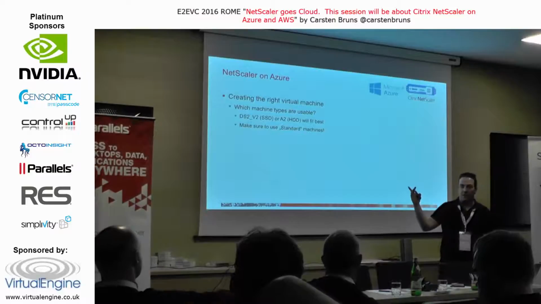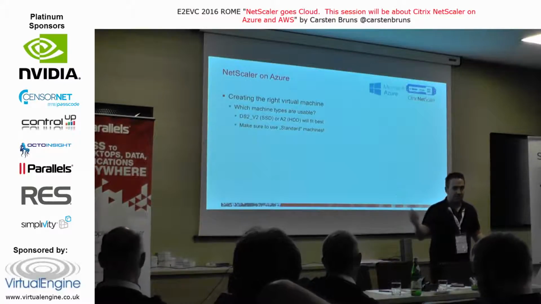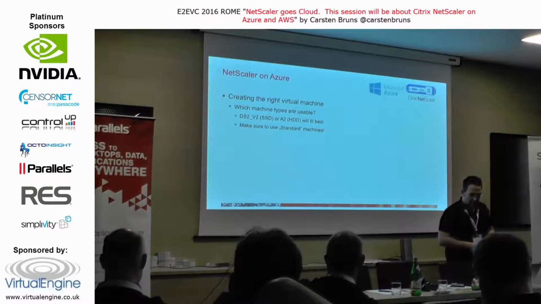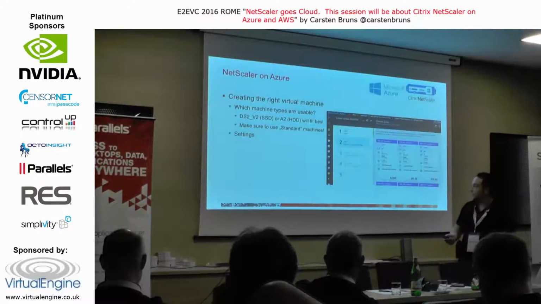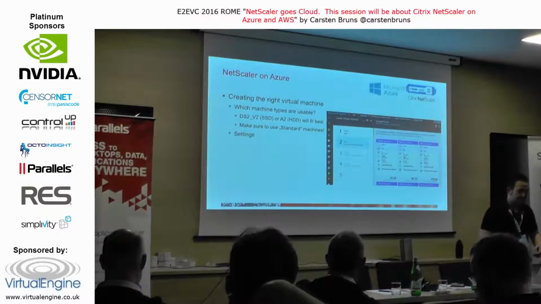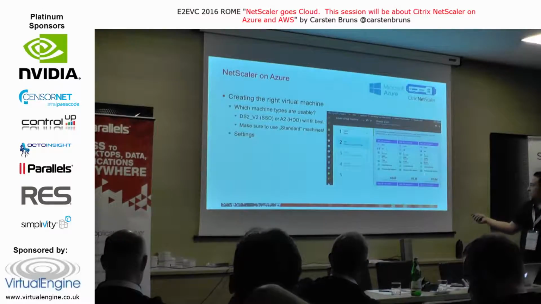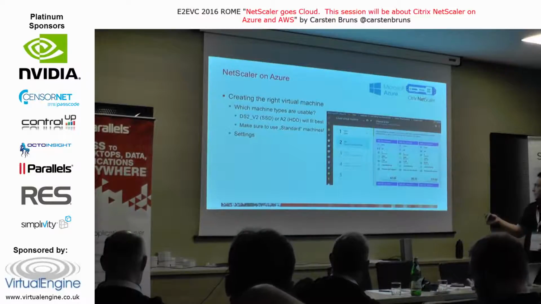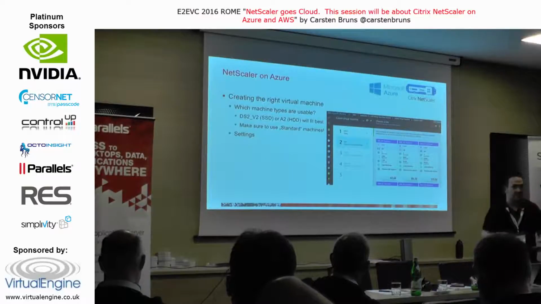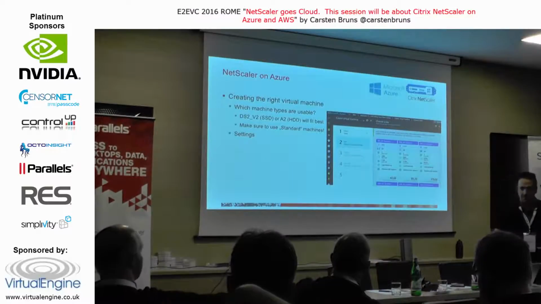Therefore, we have DS2. You will have this sign on your screen, and you can choose how much hardware you need for your NetScaler. You can use this one, and you will get 1 core and 3.5 gig of RAM and so on.